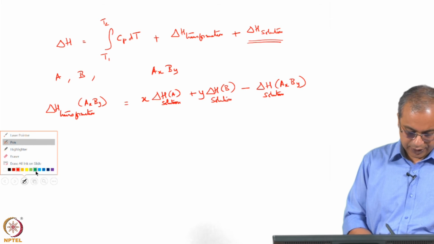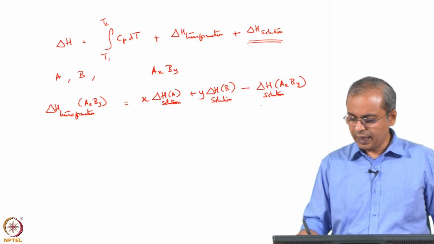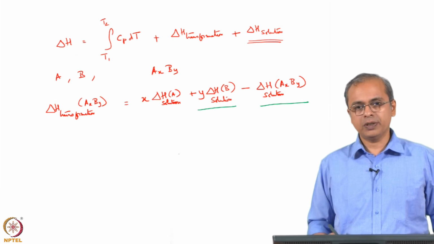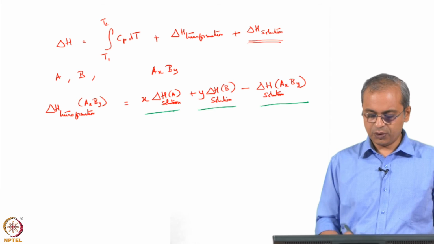For each of these you can do it separately. For AxBy you can do drop solution calorimetry, for B alone you can do drop solution calorimetry, for A alone you can do drop solution calorimetry.